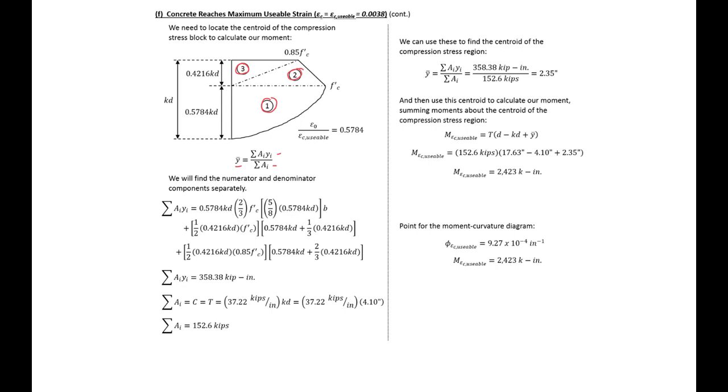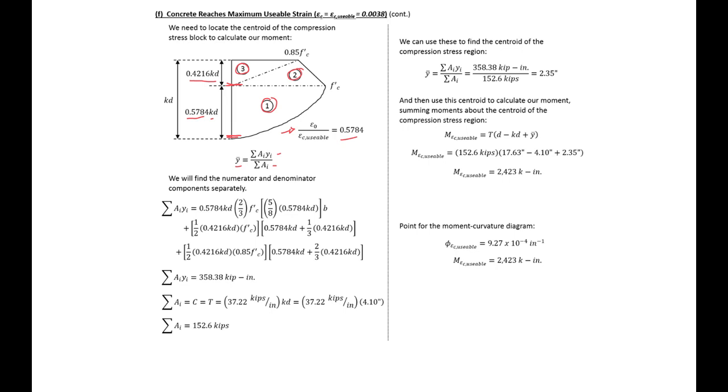And we can remember our relationship of epsilon naught to epsilon c usable is 0.5784. So we know that this distance is 0.5784 times kd, and this distance here is 1 minus 0.5784 times kd.